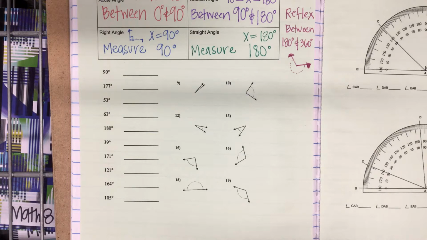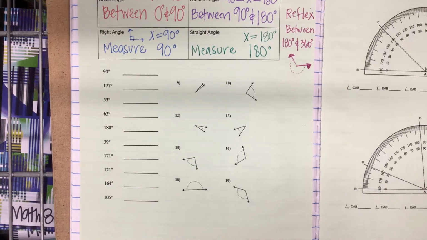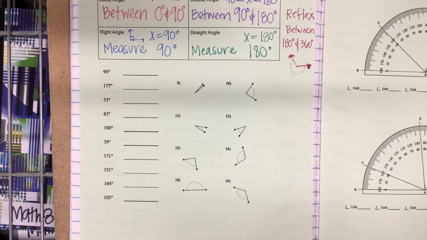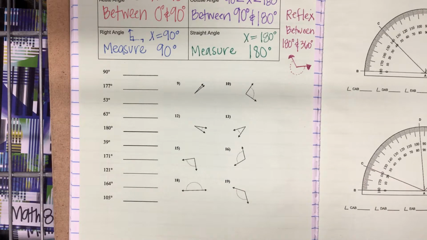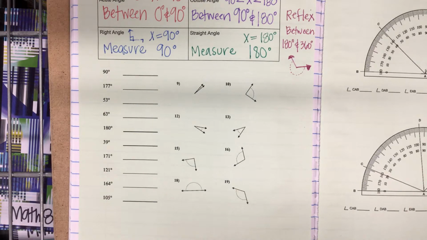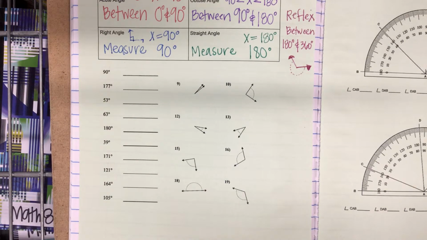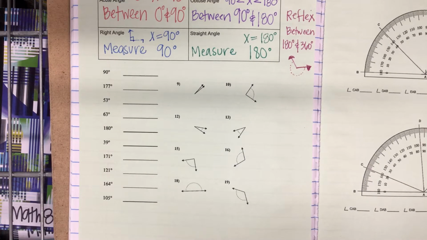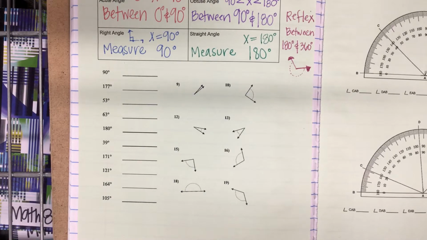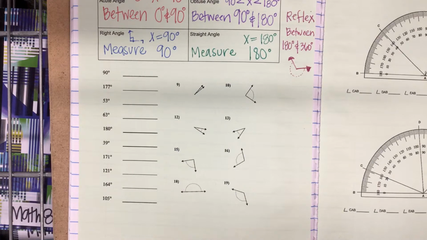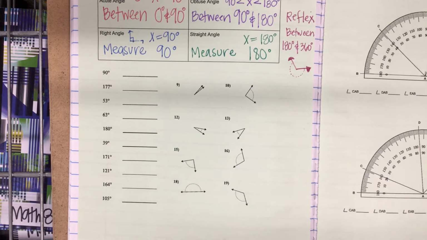If you can only bring yourself to write the letter A for acute, R for right, O for obtuse, and S for straight, you'll be okay. You have to know though that it's not an A angle, it's an acute angle. There's no such thing as an O angle. It's obtuse. So here we go.